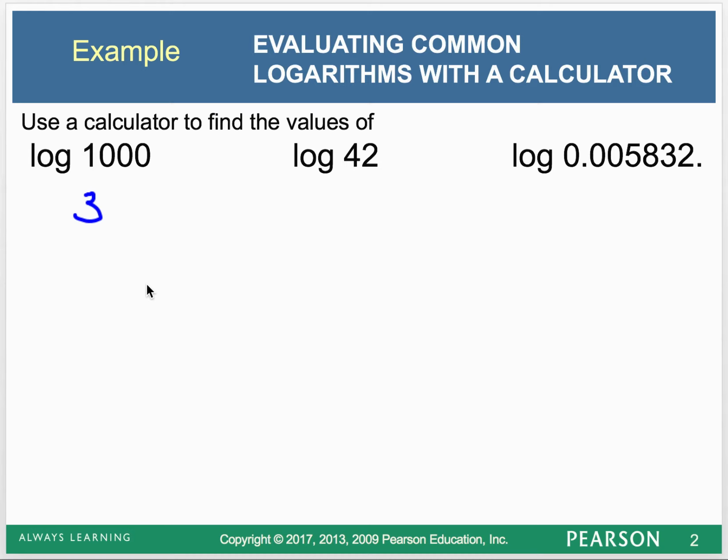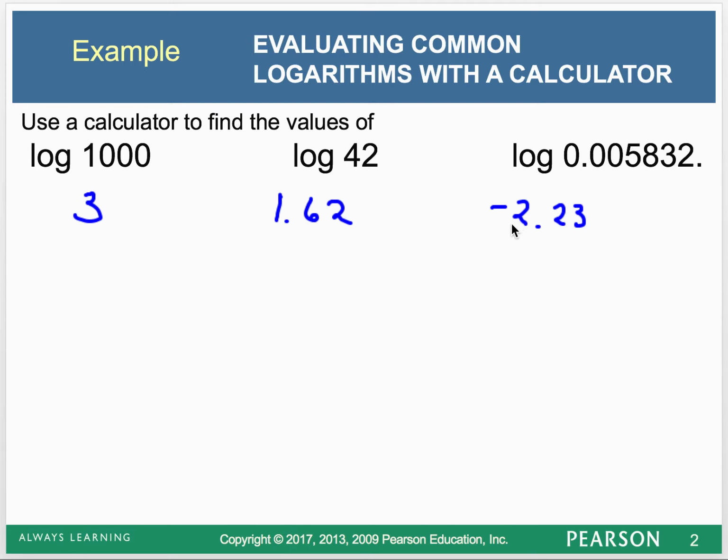Okay, same thing, log of 42. Let's round to the nearest hundredth, so 1.62. If you're not getting these values, let me know and we'll figure out what's up with your calculator. Or if you can't find these, negative 2.23 rounded to the nearest hundredth.